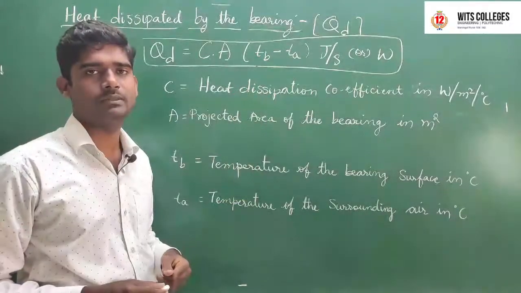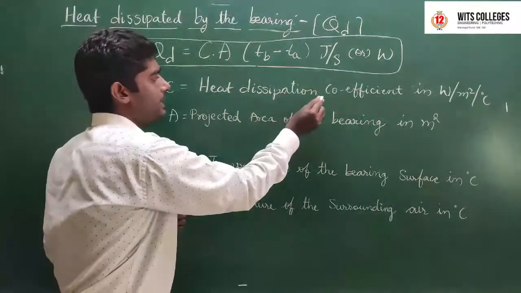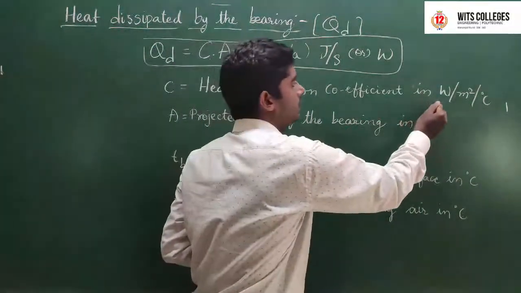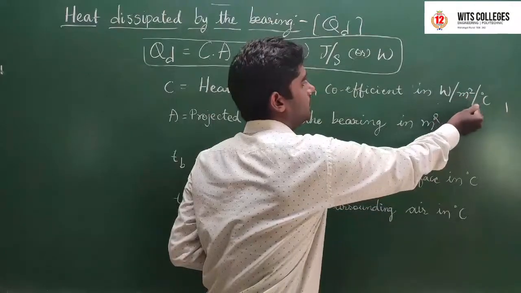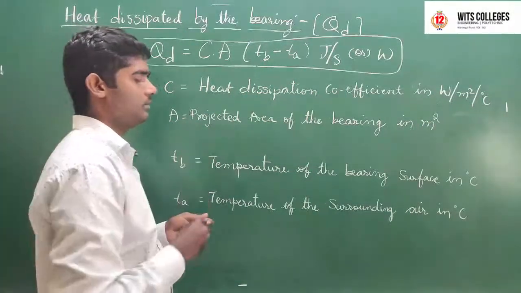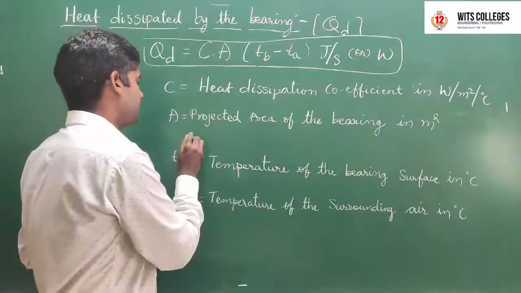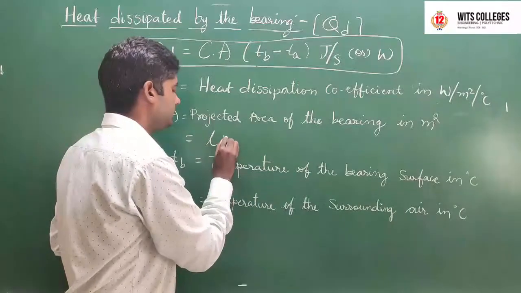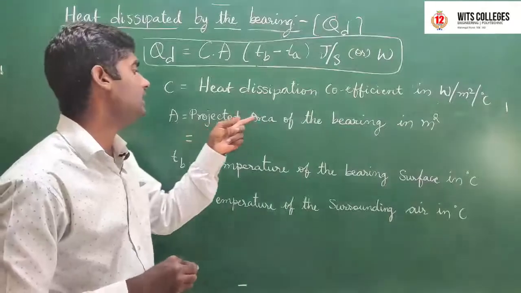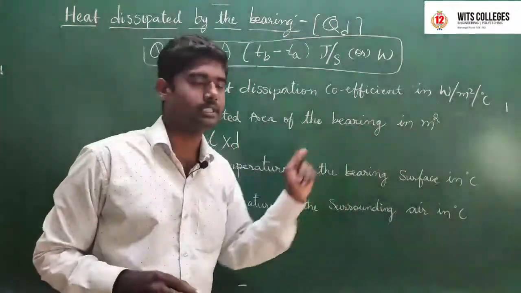C means the heat dissipation coefficient, in watts per meter square per degree Celsius. A is the projected area of the bearing, rectangular, equal to length into width, in mm square or meter square.